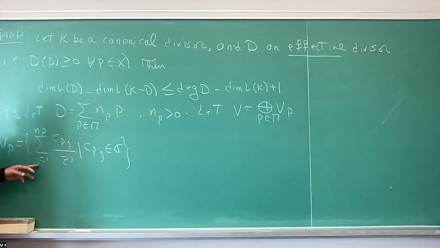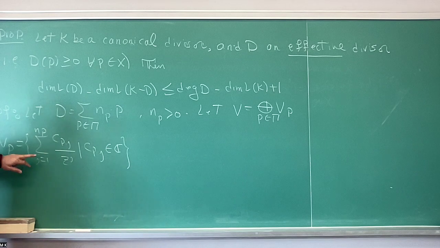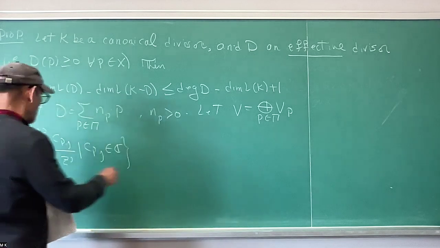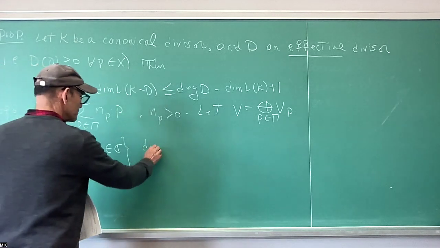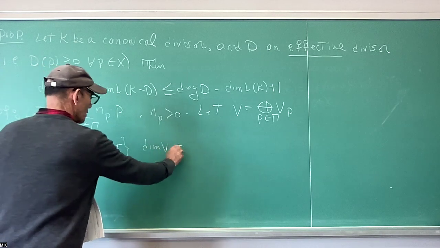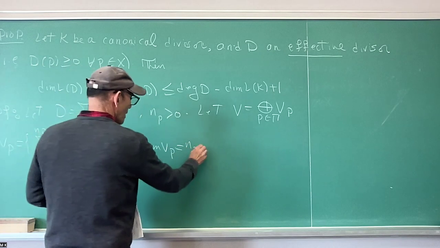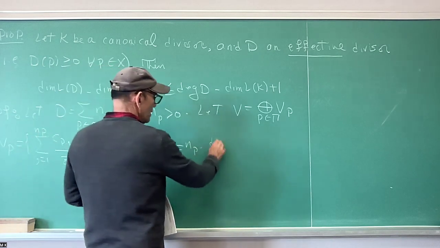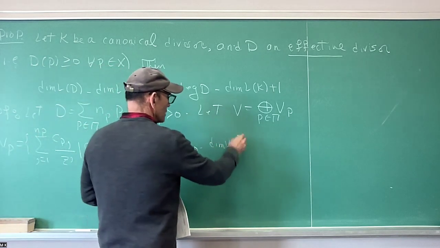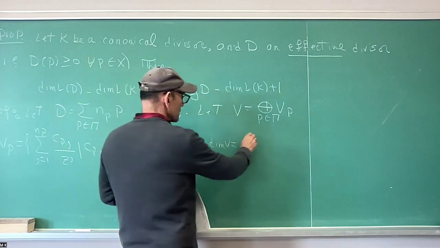So this is basically the non-trivial part, or the pole part, of the Laurent expansion at those points, but just from 1 to NP. Obviously, the dimension of VP over C is NP, and the dimension of V is obviously the sum of these dimensions, right?